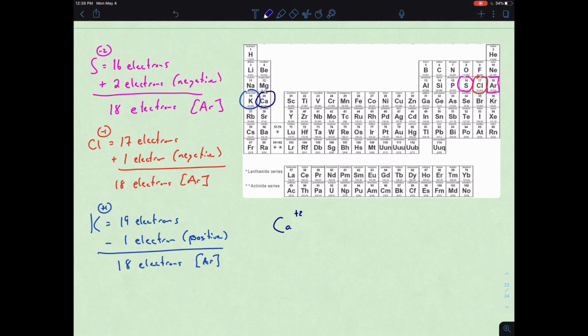And so our calcium +2 would have the 20 minus then 2 electrons because of its positive charge. But we end up, again, the same.